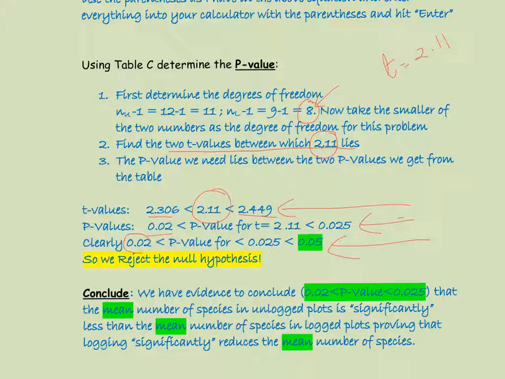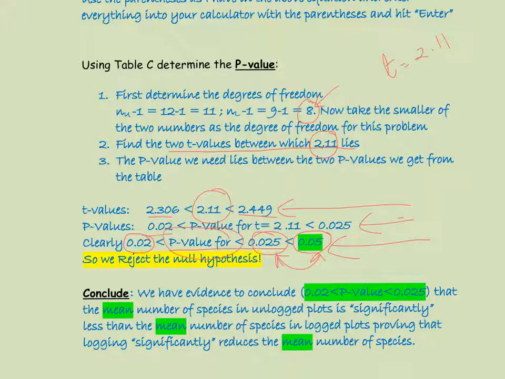Just notice that the smaller number should be on the left, the larger number on the right, and the p-value that we need lies between the two. We compare the p-value to our significance level of 0.05.